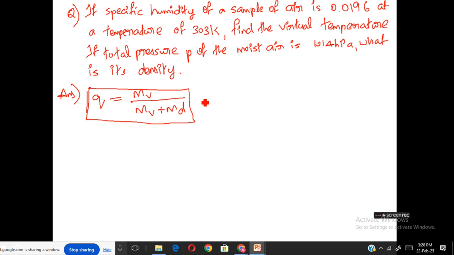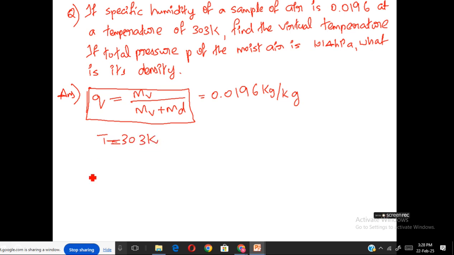The value of specific humidity is given as 0.0196 kilogram per kilogram. The unit is not given, so it will be kilogram per kilogram. And the temperature is given as 303 Kelvin.